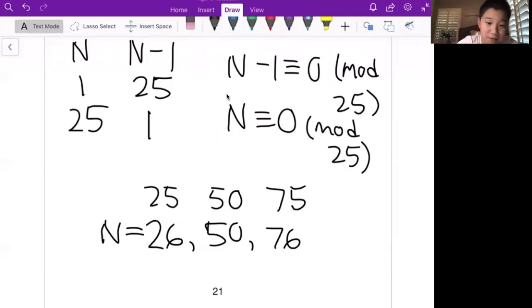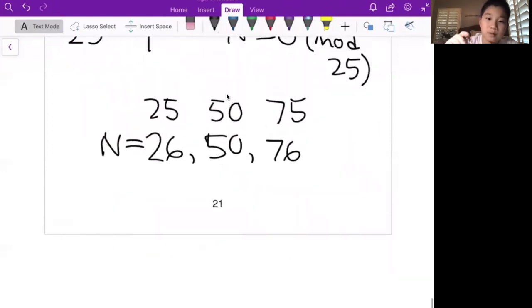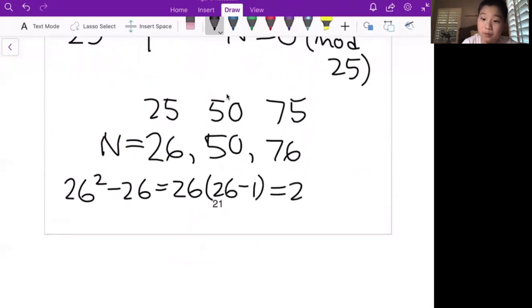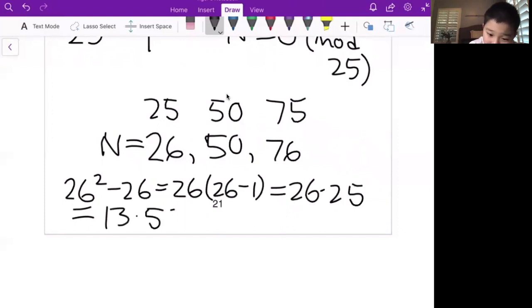Let's check each of them. So 26 squared minus 26 is equal to 26 times 26 minus 1, equal to 26 times 25, which is equal to 13 times 25 times 2, which is 50.